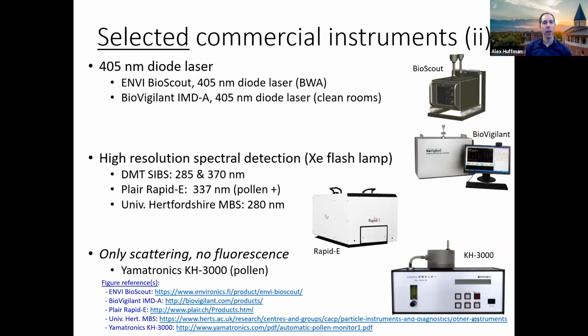And then here are some others as well that show the same idea: the BioScout, the BioVigilant, using a 405 nanometer laser. There is the Rapid-E, and also the DMT SIBs. Actually, I'm not sure they're still selling the SIBs, but same idea, and you get a lot more resolved information from a spectral perspective. University of Hertfordshire made something called the MBS. So this is kind of a beefed up category of what we just talked about before. And then there are a variety of others that are only using scattering and not fluorescence.